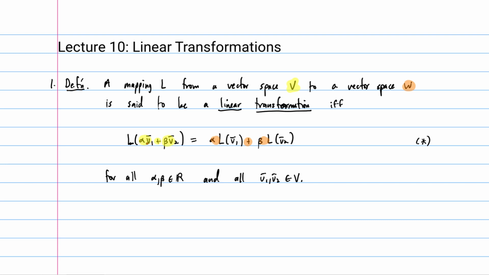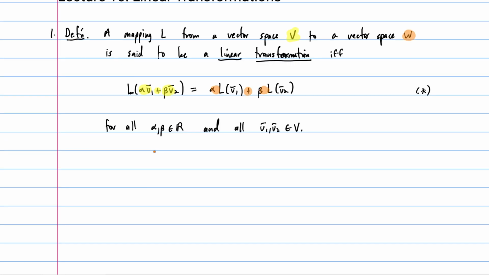So the vector addition and the scalar multiplication are preserved under the linear transformation. Preserved is a little bit of a dangerous word, though, because of what we just talked about, which is that the scalar multiplication and the vector addition on the right-hand side of the equation are generally different than the scalar multiplication and the vector addition on the left-hand side of the equation.